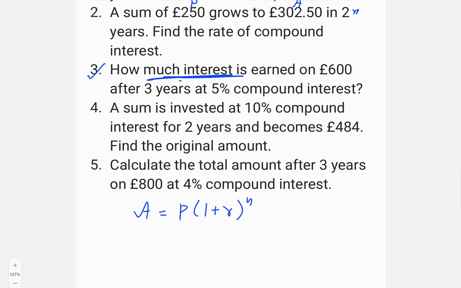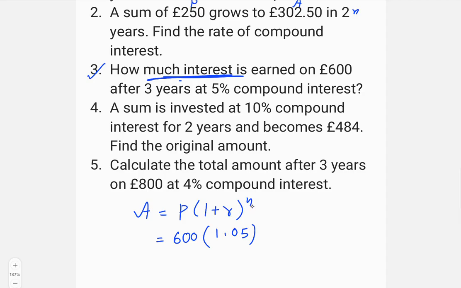The 600 is the principal basically, so I'm going to write it in the place for principal. And then after 3 years at 5%. 5% is the rate, 3 years is your time.